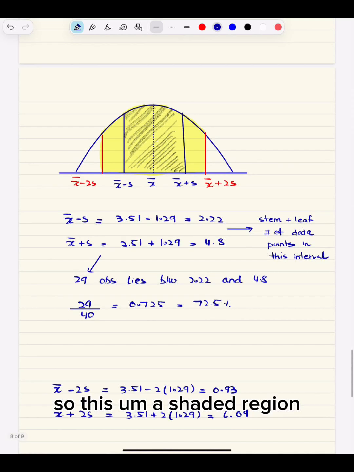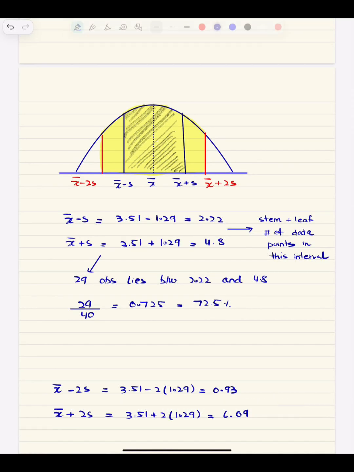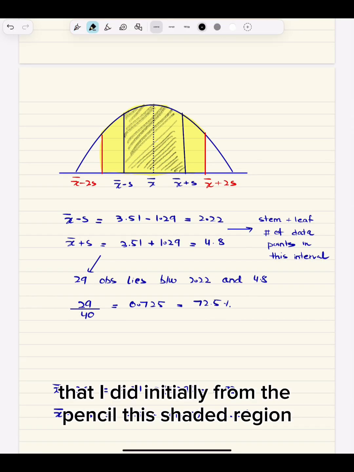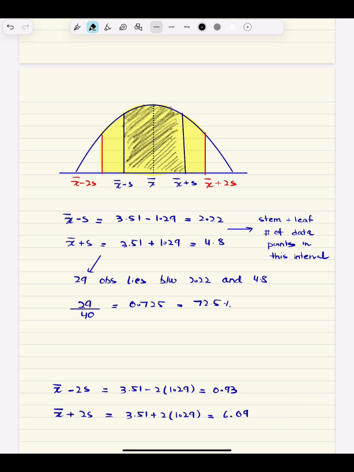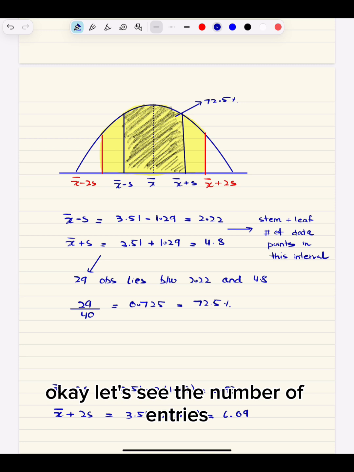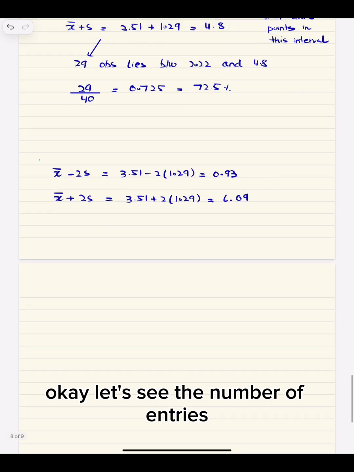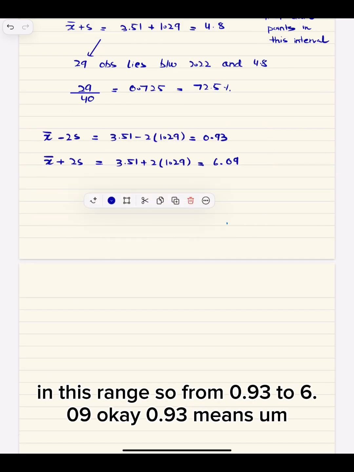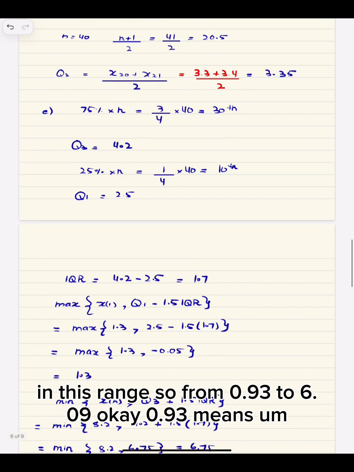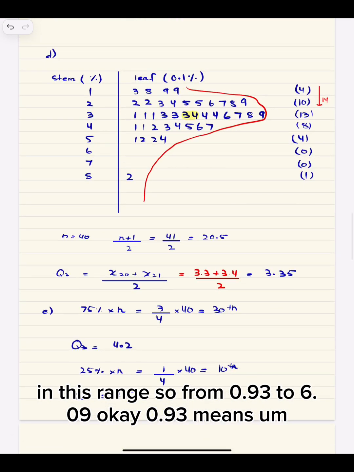So this shaded region that I did initially with the pencil is 72.5%. Okay, let's see the number of entries in the range from 0.93 to 6.09.